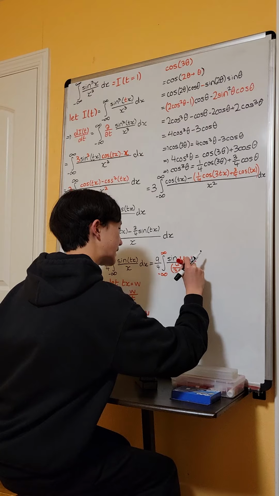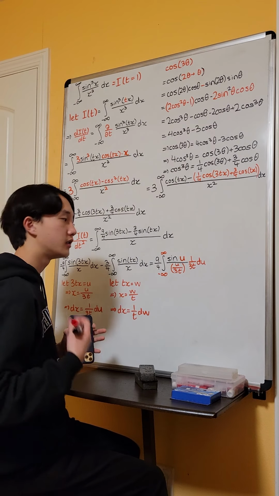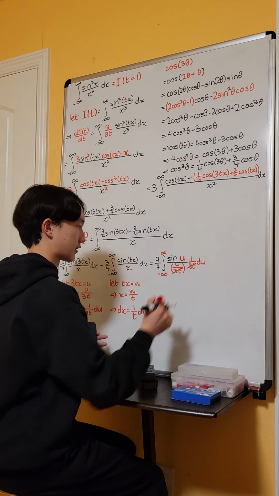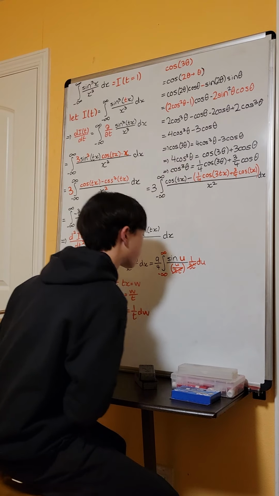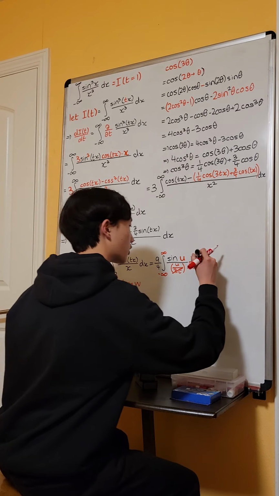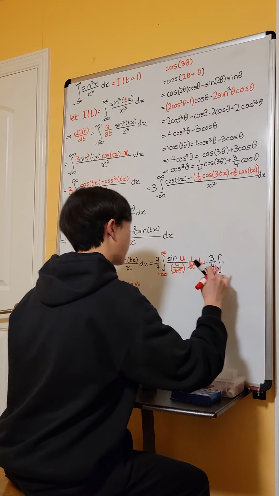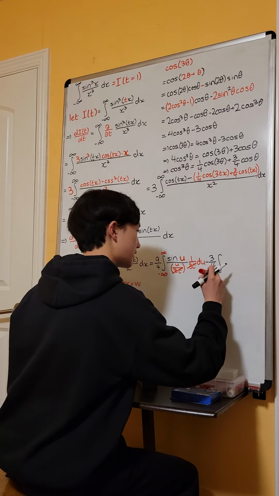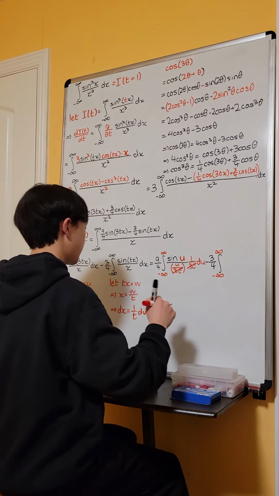And you can immediately see that the fact that we made a substitution is not going to change the fact that we can use the Dirichlet integral, because right here the 3t and the 3t are going to cancel. Same idea with the second integral right here. So this is minus 3 over 4. Also same thing with the bounds: if you plug in negative infinity into x here, w is still going to be negative infinity, and the same with positive infinity.